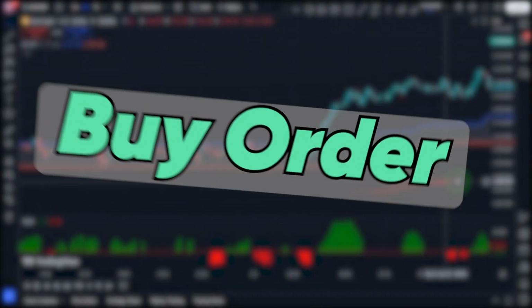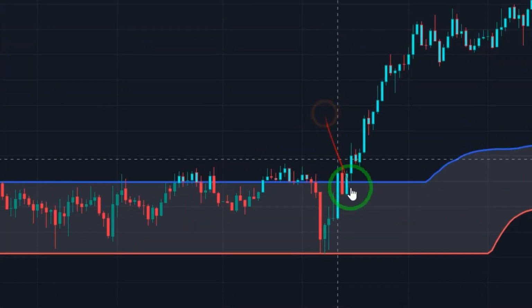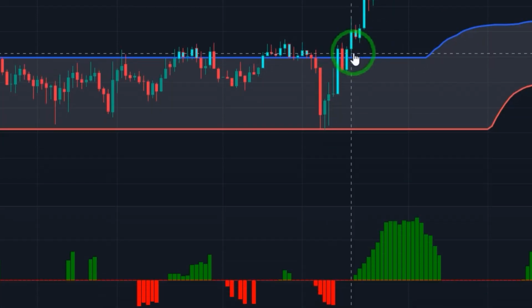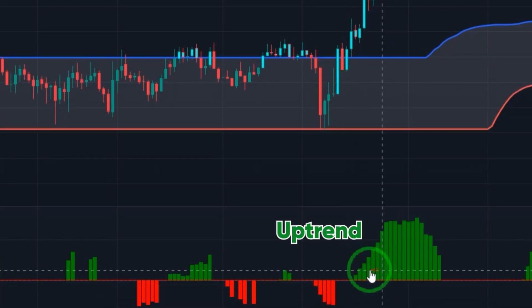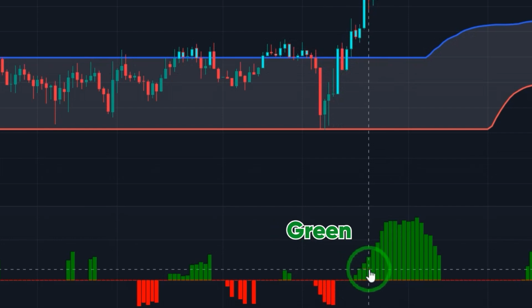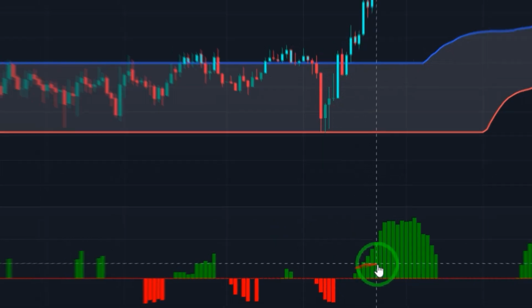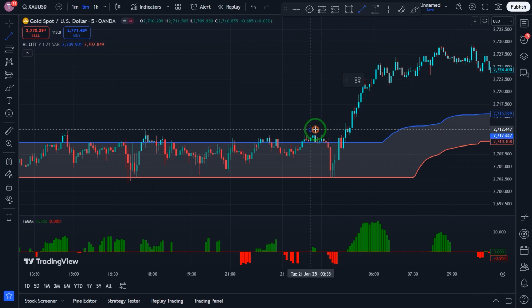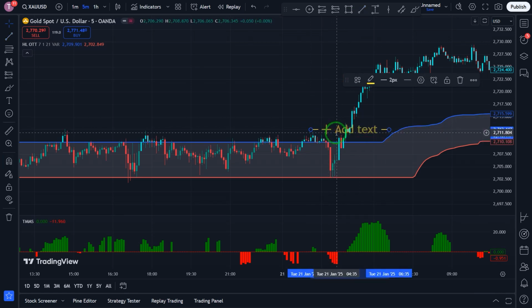Let's start with a buy order. First of all, we need to look for a buy signal. Once we find it, we must ensure that we are in an uptrend, meaning that the histograms are green. When both conditions are met, we know we have found a suitable entry point. Now we need to look for a level where we can put our stop loss.